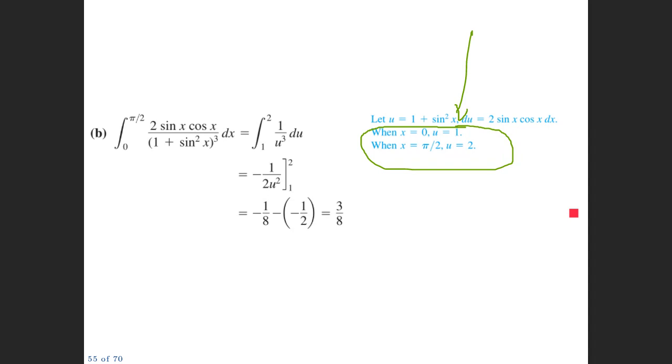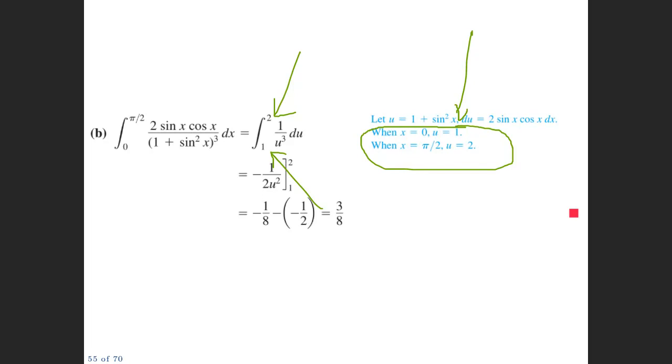And x equal to pi over 2, put pi over 2 into 1 plus sine squared x, we get 1 plus sine squared pi over 2. That's 1 plus 1 squared, or 1 plus 1, or 2. So our new upper limit is going to be 2. The new lower limit is 1, and the new upper limit is 2.